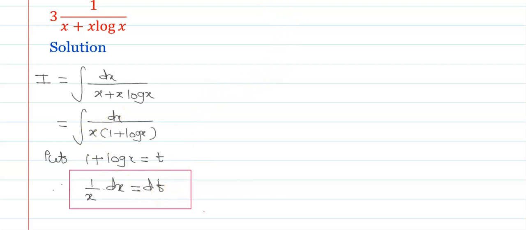Therefore our integral I will change: dx upon x is dt, and 1 plus log x is t. Its integral is log of mod t plus c. Therefore I is equal to log of mod t, which means log of mod of (1 plus log x), plus c.